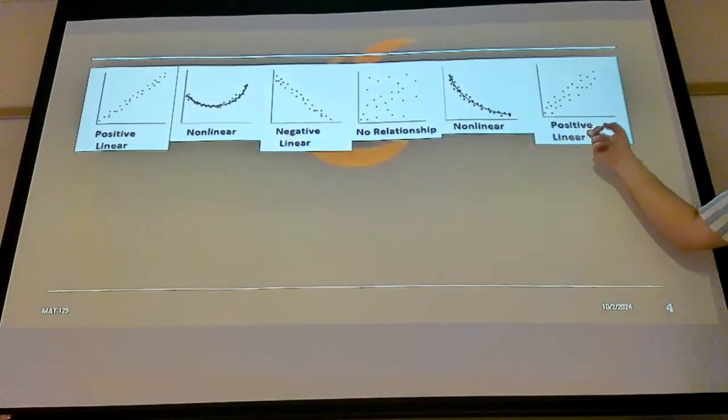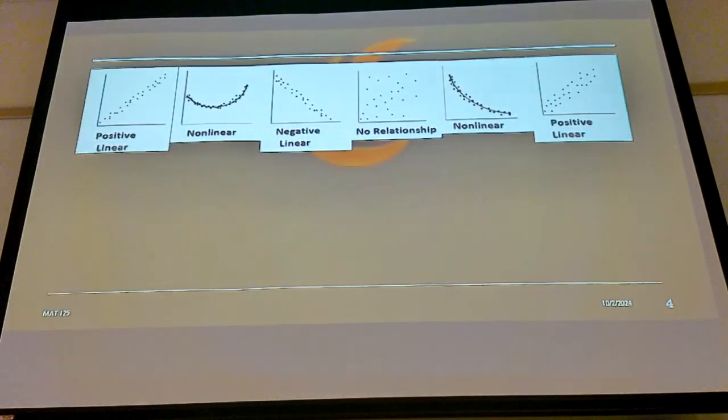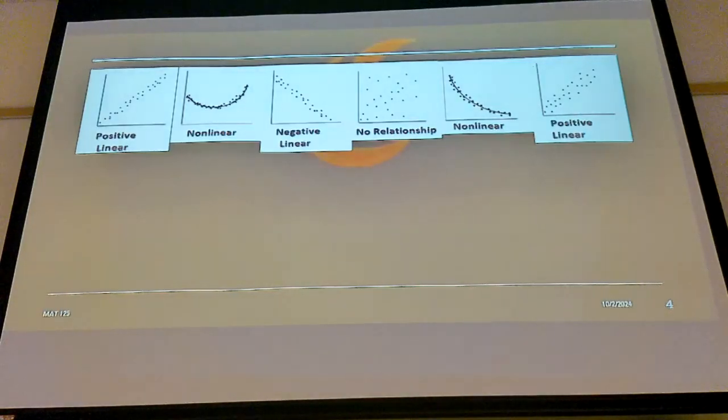This would probably be like a 0.6 or 0.5, something like that. So if it was to come out to 1, it would basically be a straight line. Your dots would just be in a straight line, which never happens. You may get a homework problem that it happens on, but that's because the numbers are made up. It's not actual research.